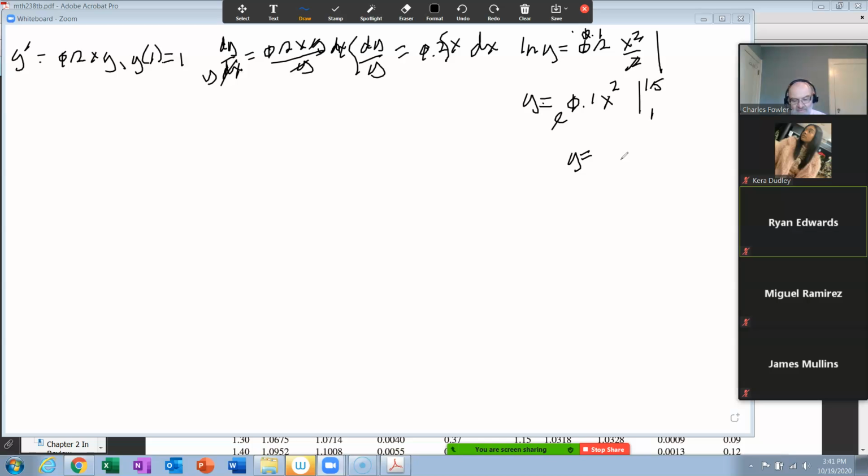I'm in second mode. e to the x, there's where I got it. Okay. Whew. All right. So that's e evaluated at that point, minus 0.1 e to the x equal.